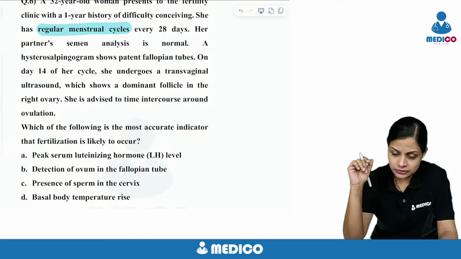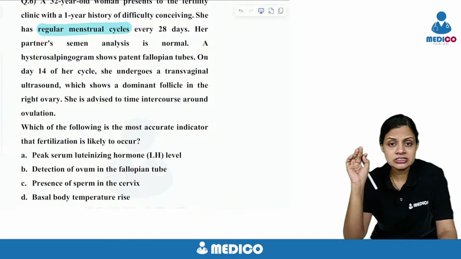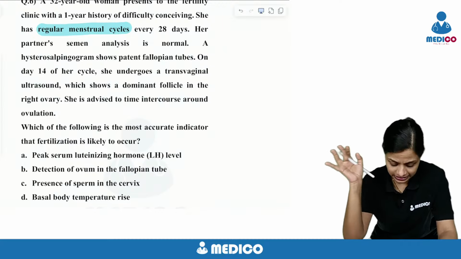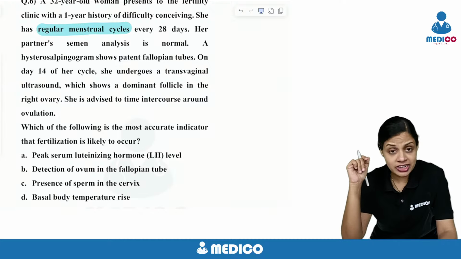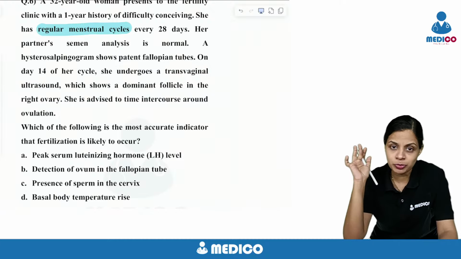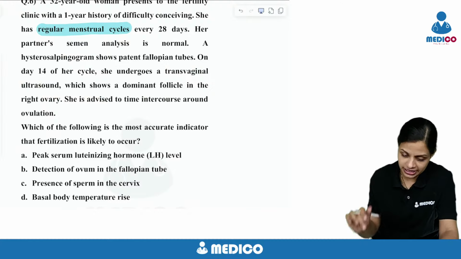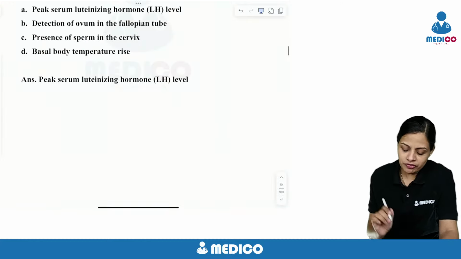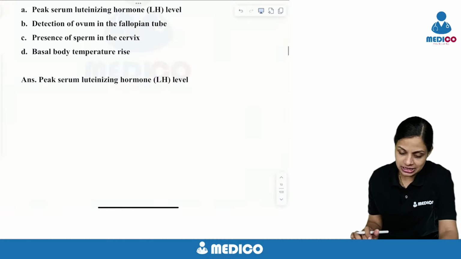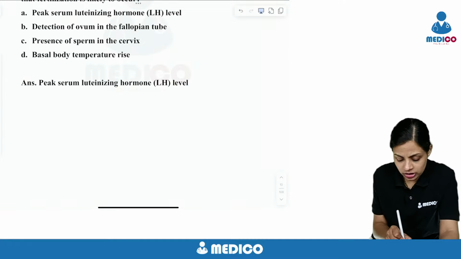Then you've got presence of sperm in the cervix. Sperm in the cervix does not guarantee fertility. Basal body temperature rise just reflects the effect of progesterone. That also does not indicate ovulation. We have mentioned peak serum LH level. When does ovulation occur?